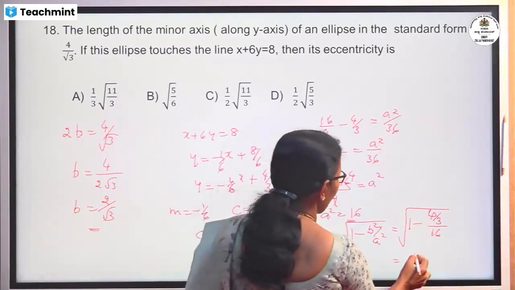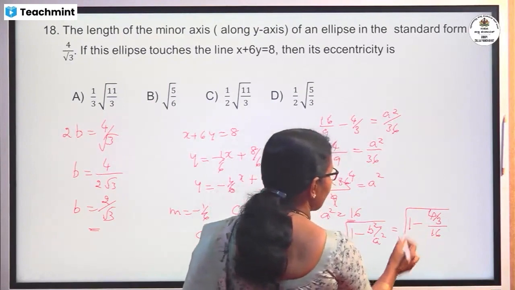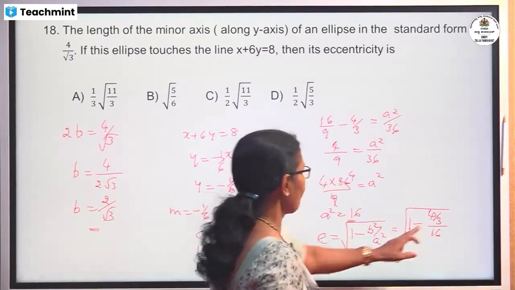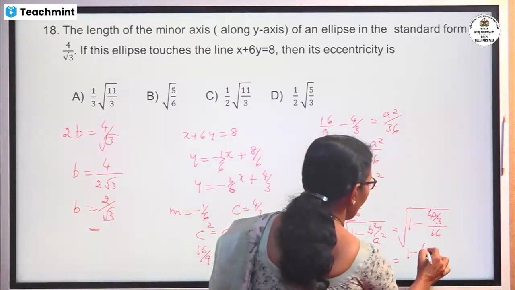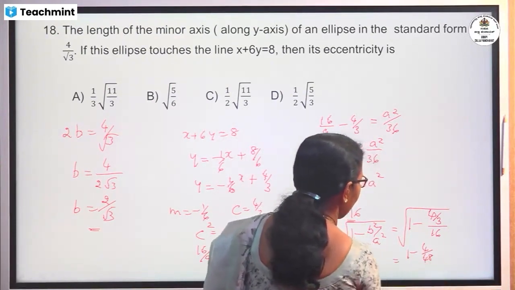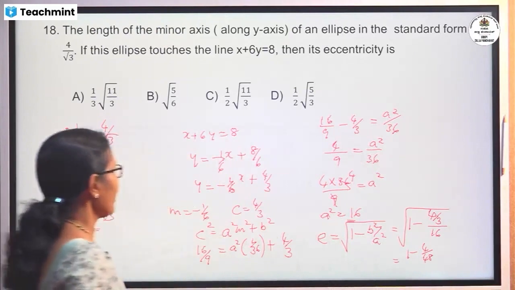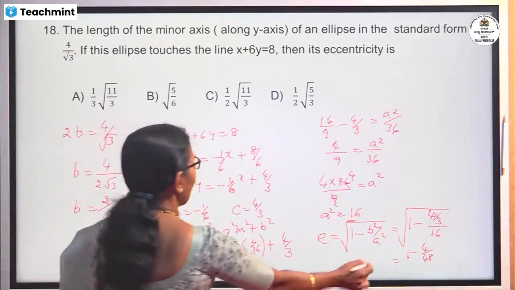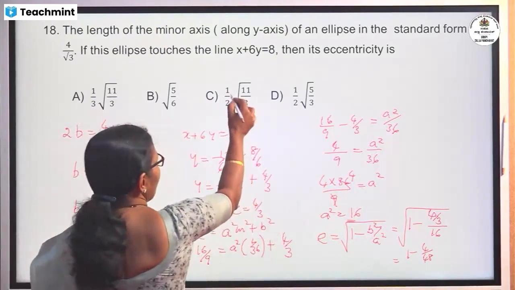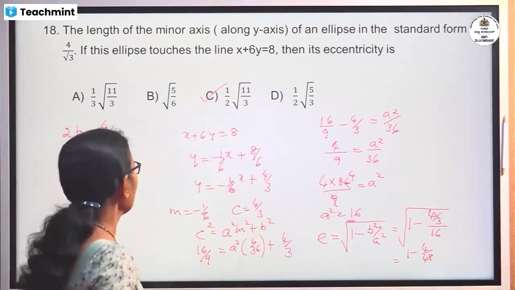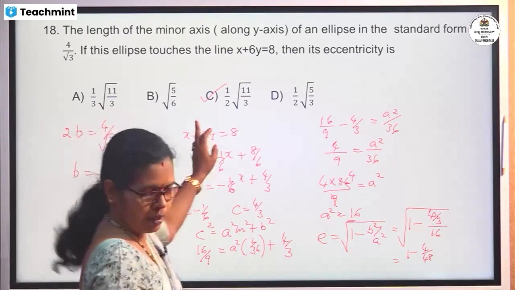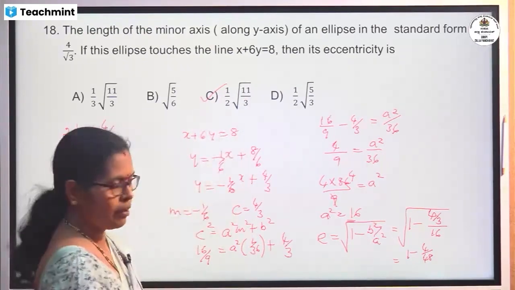When we simplify this one, we get the value of E is equal to 1 by 2 root 11 by 3. Option C is the correct answer, 1 by 2 into root 11 by 3.